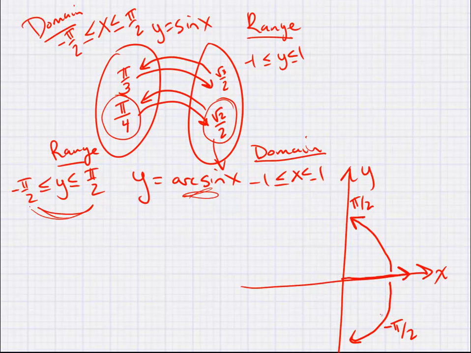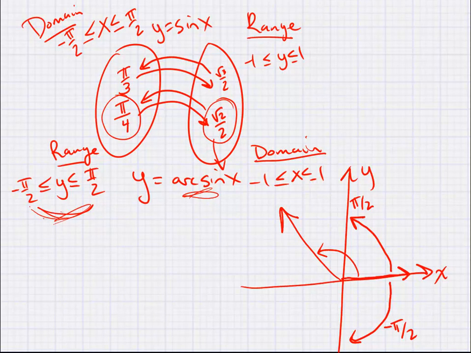If they don't fit that, then they're not an answer I can have. So 3 pi over 4 was over here. 3 pi over 4 is not within a quarter turn clockwise or counterclockwise of the positive x-axis. So that's why 3 pi over 4 will not be an answer. And as long as you stick to these restrictions, then it's not too bad. But you've got to remember the restrictions.